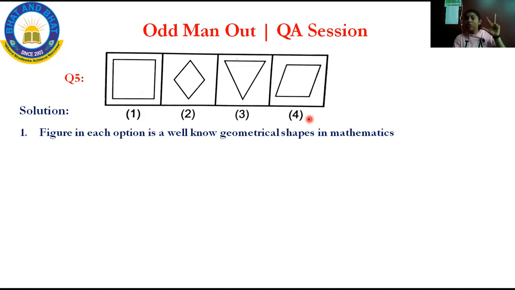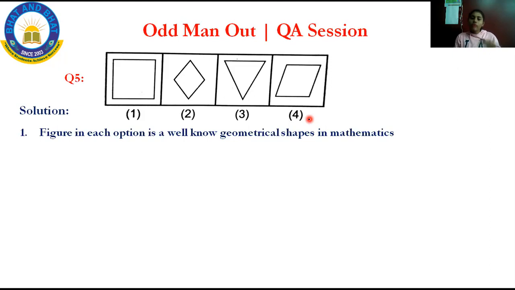Seven-sided figure, heptagon, H-E-P-T, heptagon. Eight-sided figure, octagon. Nine-sided, nonagon, and ten-sided, decagon. This is just for your reference.